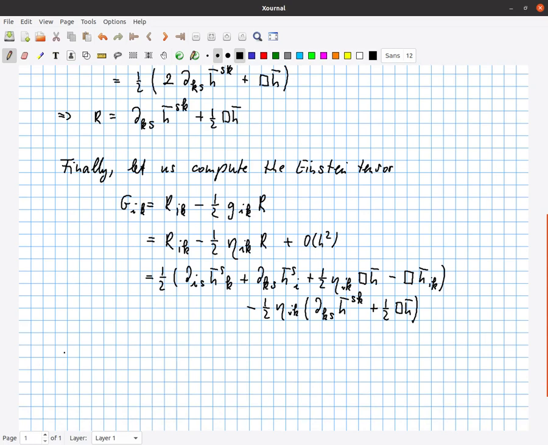We put this all together, we can do this straight in the next line. G_ij, no, G_ik is now the following. There's nothing happening with these two terms. We just copy them: partial_k partial_s h bar sk, partial partial h bar si.